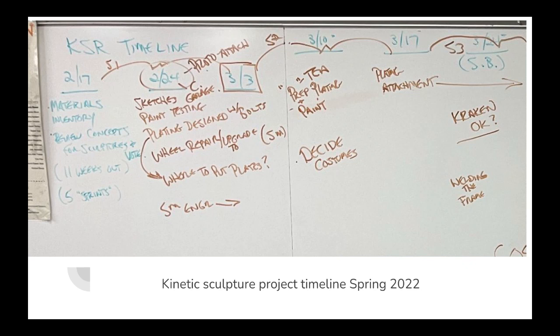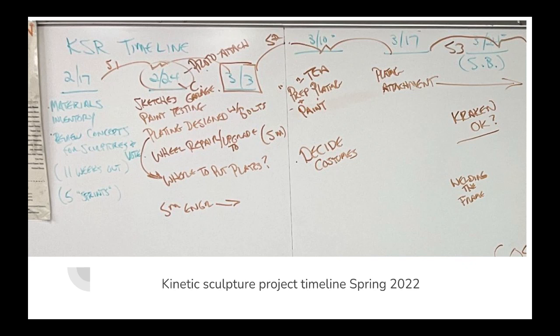On March 3rd, I felt like the engineering was behind and it wasn't safe. So it was great to have those checks and so I could adjust. You notice on March 10th, in the middle of Sprint 2, Taya is working on preparing the plates that are added on to the sculpture and testing, actually doing some painting.